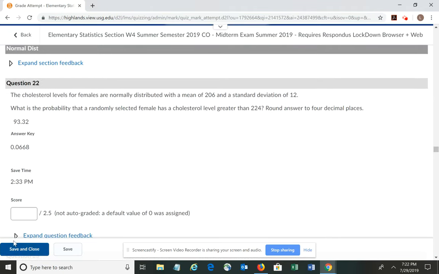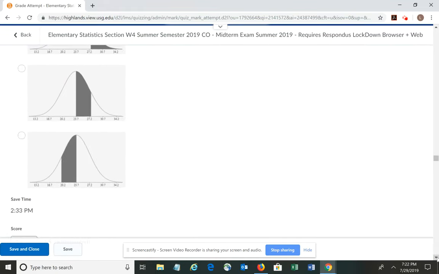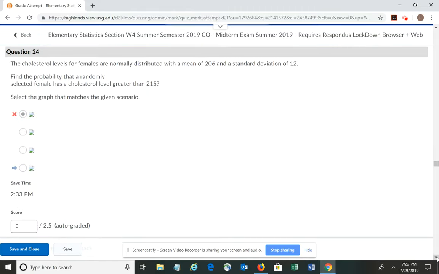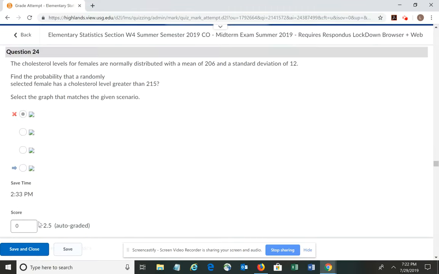All right, then looking at question 22, they did not get it correct. They're nowhere close. So we put 0 for the score. They picked the correct graph. It gave credit. For question 24, it did not populate the graph. I automatically gave them credit.